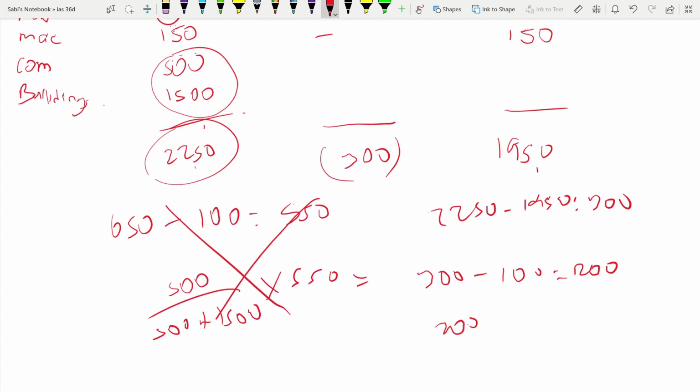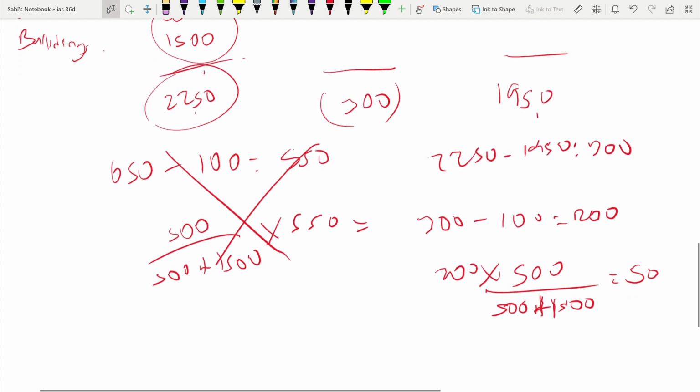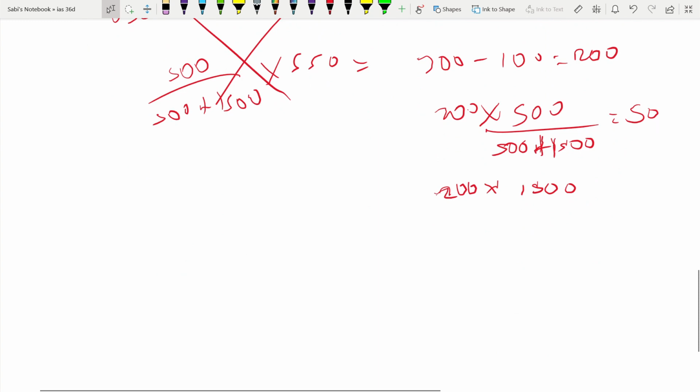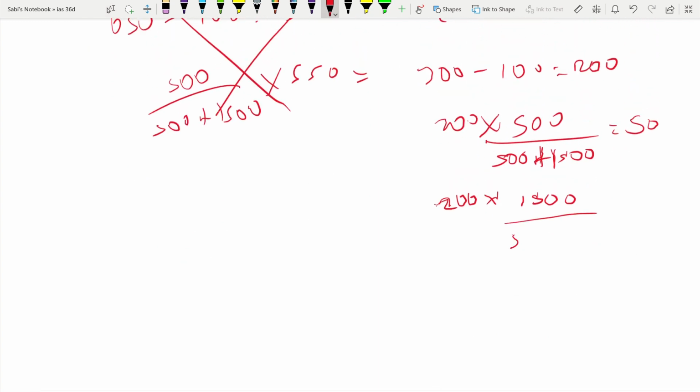So it's 200 multiplied by 500 over 500 plus 1500, which will be equal to 50. And for the building, it will be 200 multiplied by 1500 over 500 plus 1500.